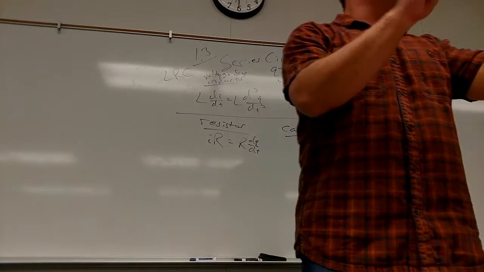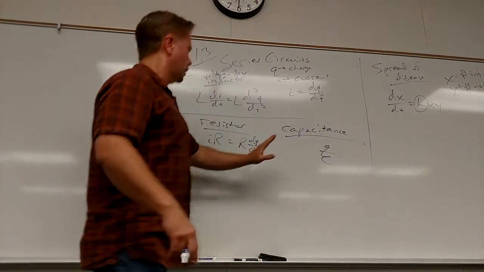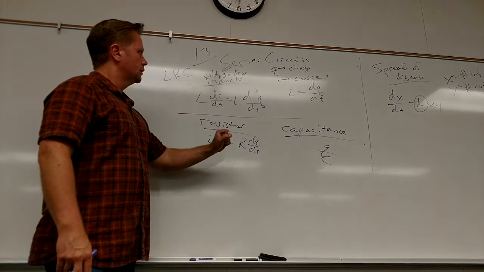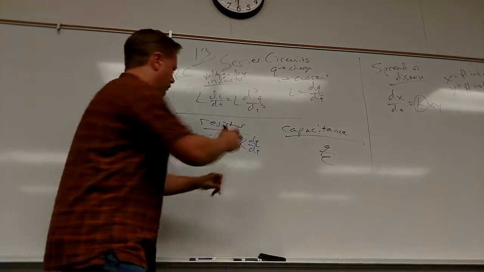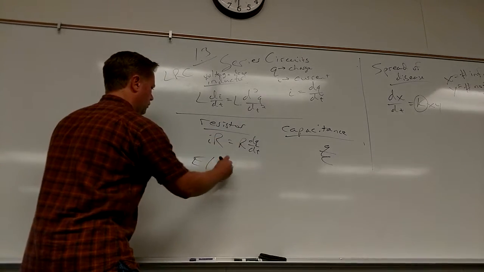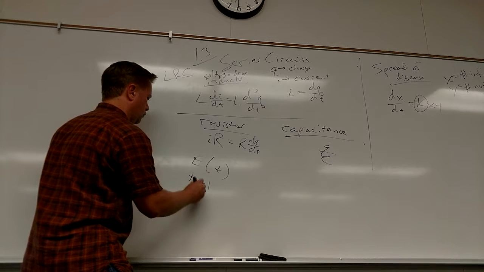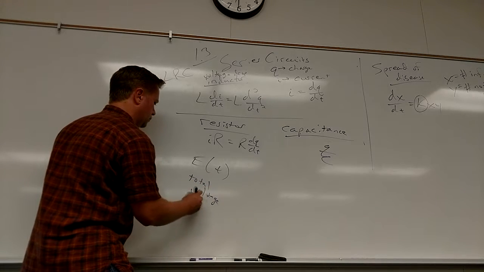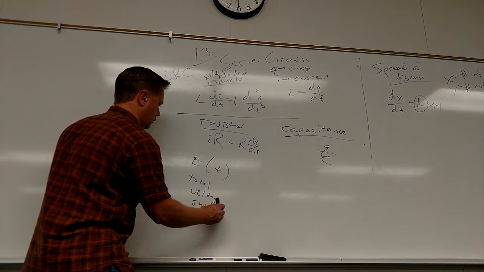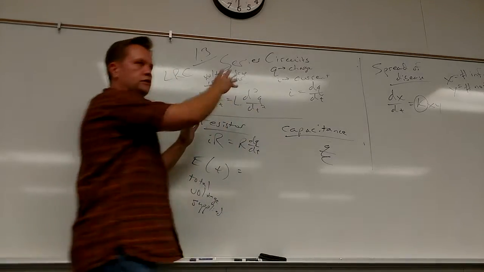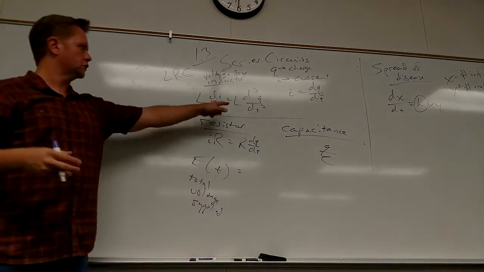Okay, there's one problem that deals with this. Let me write it all down. So the total voltage supplied has to equal the sum of all the places where you lose voltage. So you lose a voltage drop.